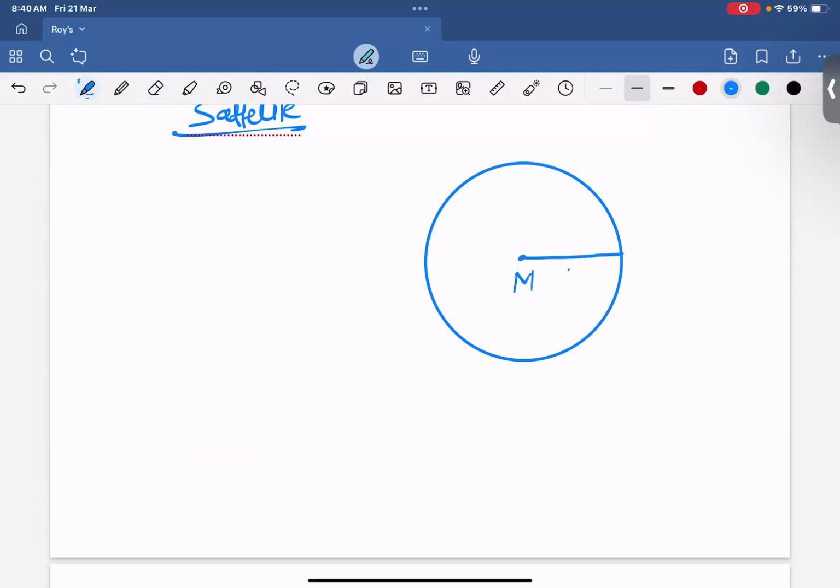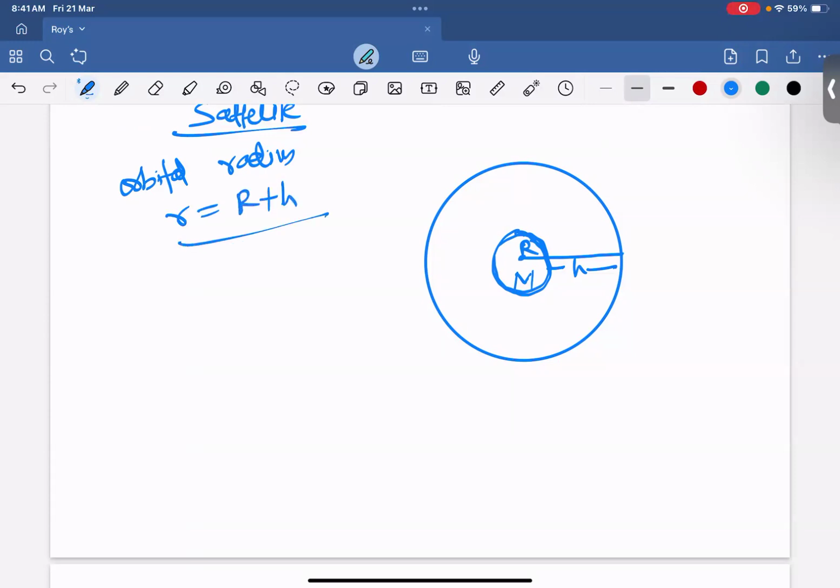Any planet will also have its radius. Let's suppose the radius is R and this is called height h. Then the orbital radius we take as R plus h. Did you understand this, Neil?